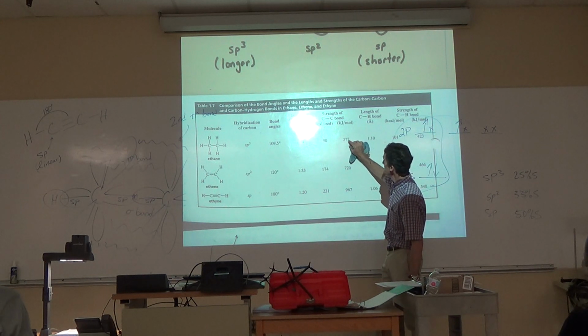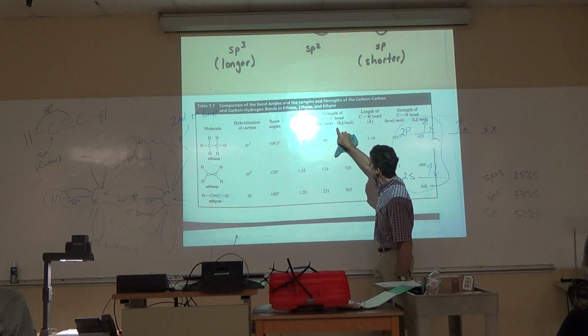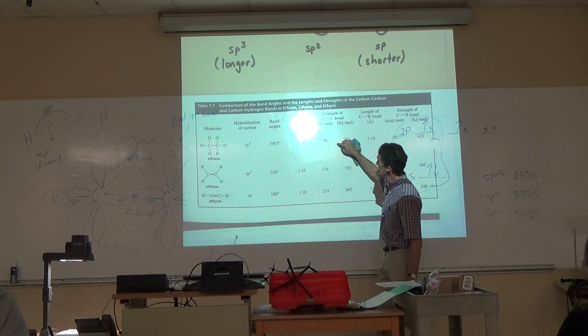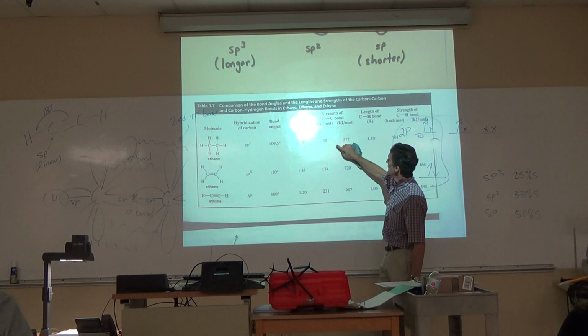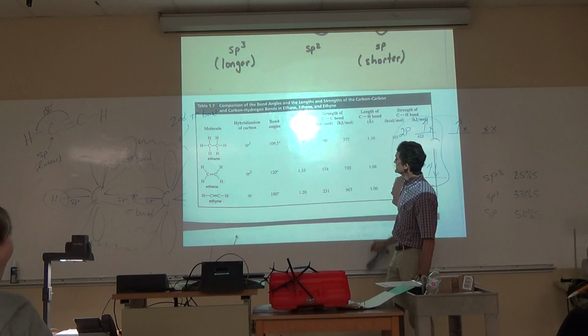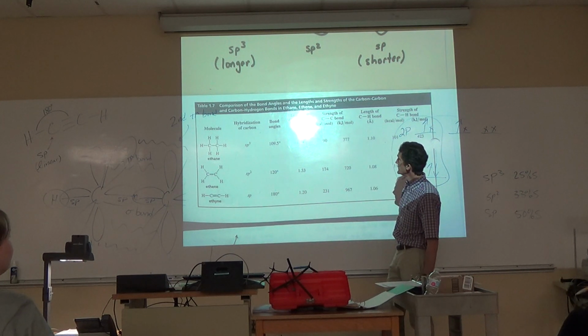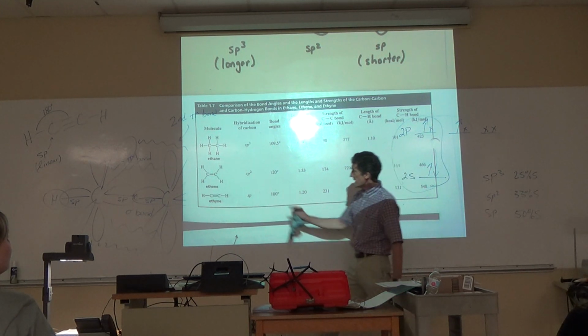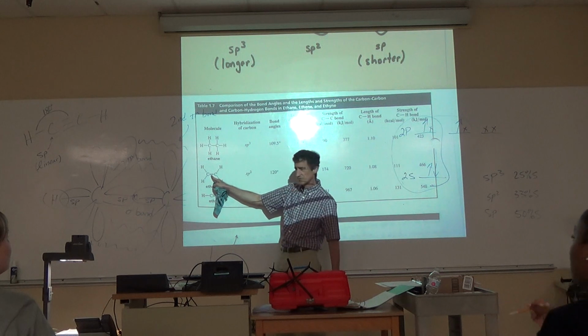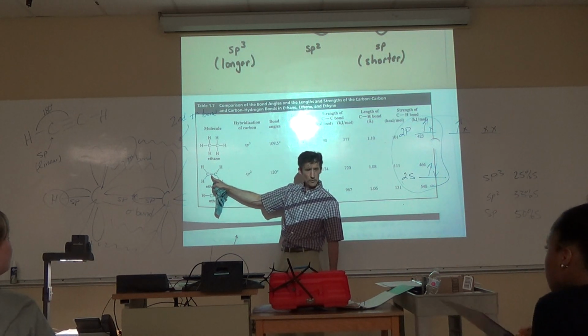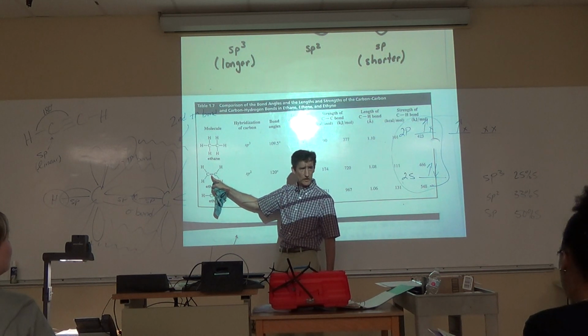Strength of the bond, kcal per mole is the one I would probably focus on. Strength of what bond? Carbon-carbon bond. Got to be careful here. I don't like that they call it a bond. That's obviously just a bond, but this is two bonds? So are they referring to just one of the two, or what?